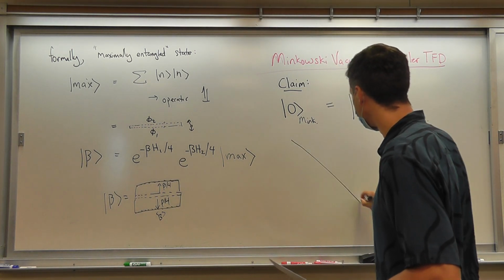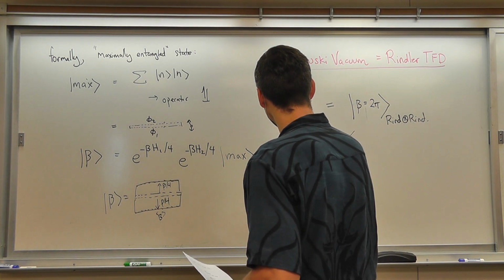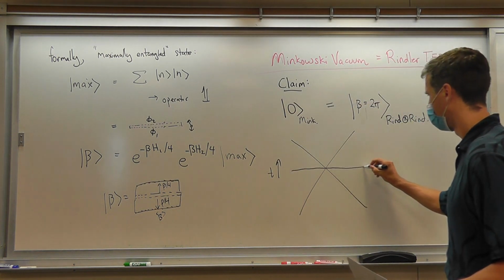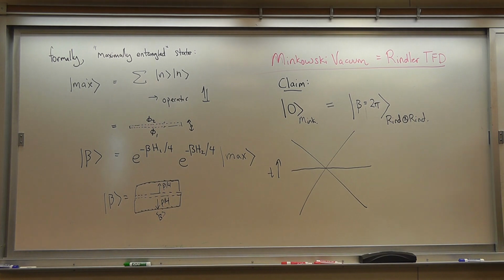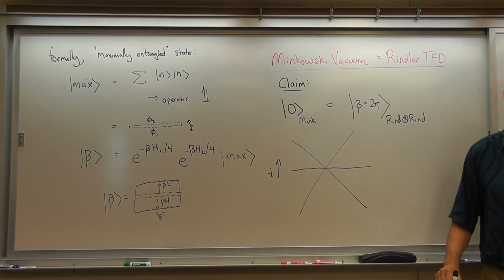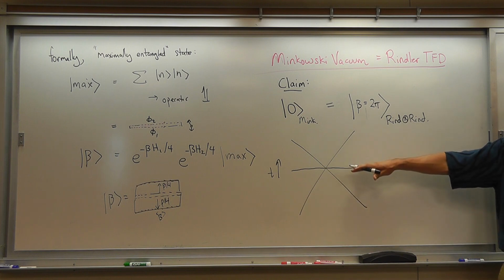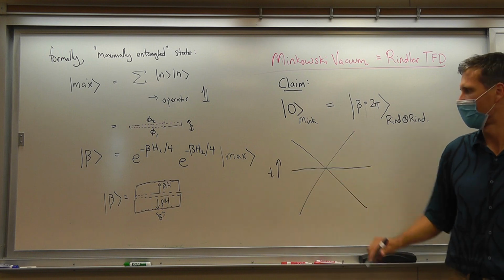So if I draw a picture of Minkowski space here, with time going up, then I cut it at time 0, then the Minkowski vacuum, of course, is defined on all of space. So it includes both left and right Rindler wedges.